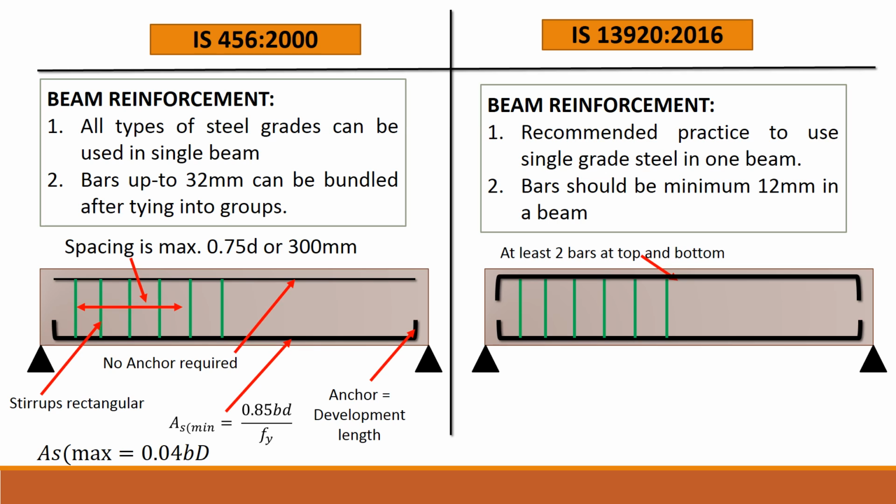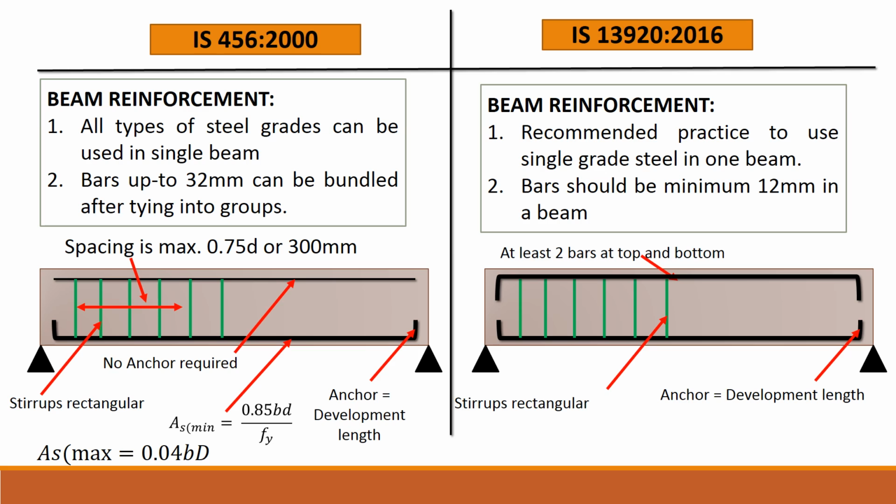If it's a continuous beam, which we will discuss later on, some of the bars may run throughout and some may be spliced or lapped, but they are not to be spliced or lapped at the support ends. There also has to be a splicing length that we'll be discussing later on.